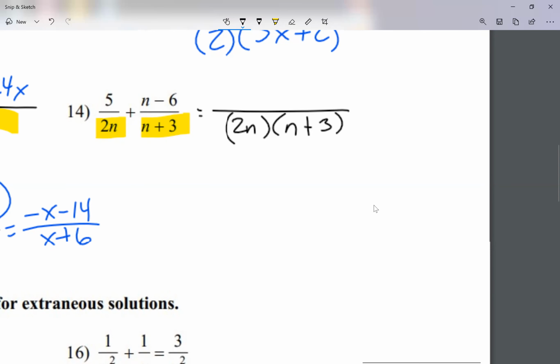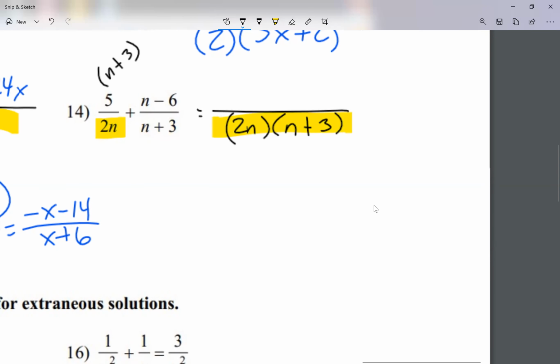Okay. Now I look at my common denominator and look at my first fraction. Then I ask myself, is there anything that my common denominator has that my first fraction does not? I'm like, yeah, my common denominator has an n plus 3 that my first fraction does not have.